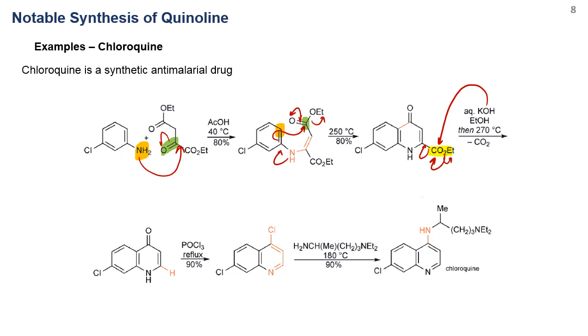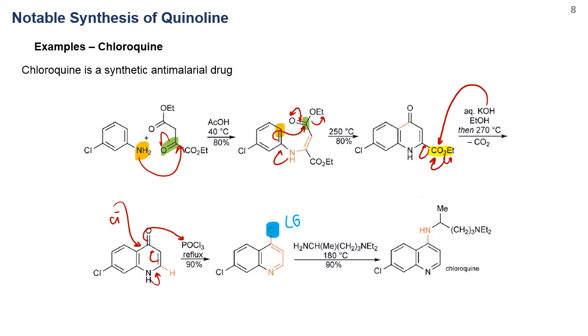Okay, and we know that the 4-pyridone or 4-quinolone can react with POCl3 and then the chloride comes in to attack here, and then you generate the 4-chloroquinoline, which is now can behave as a leaving group.